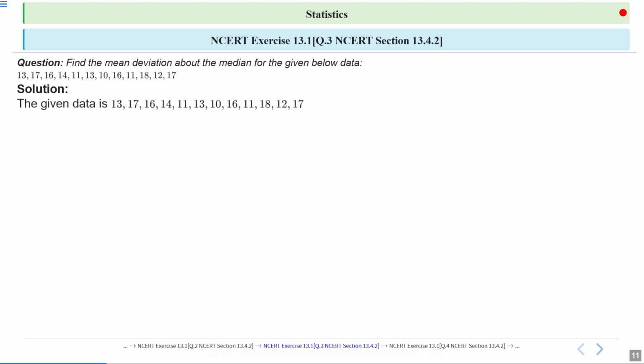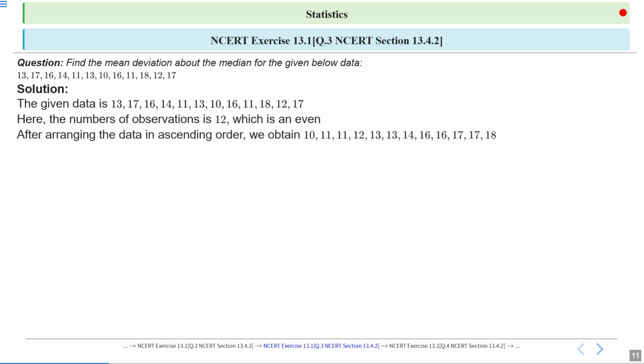The given data is 13, 17, 16, 14, 11, 13, 10, 16, 11, 18, 12, 17. Here, the number of observations is 12, which is an even number.